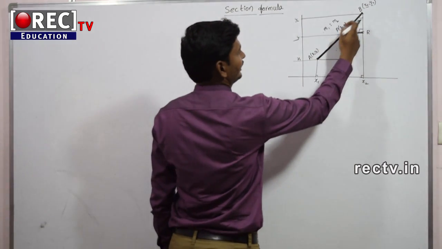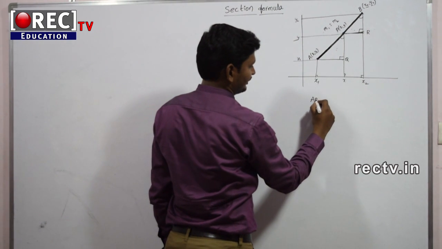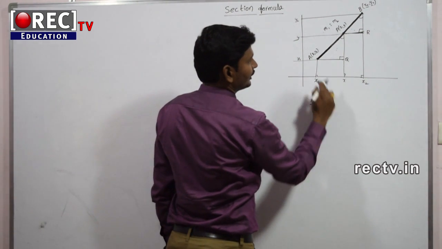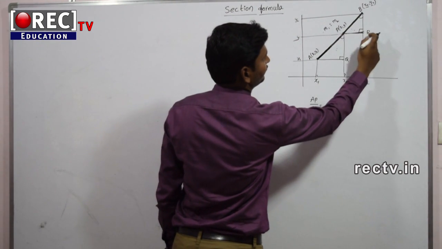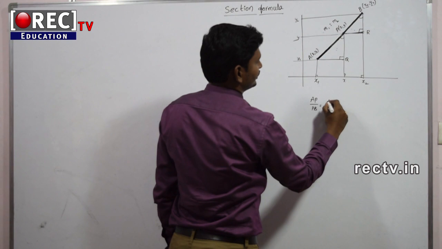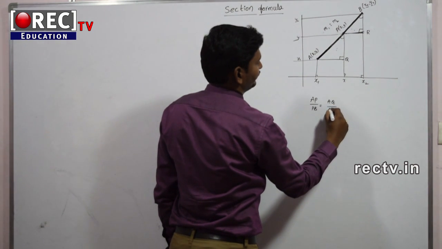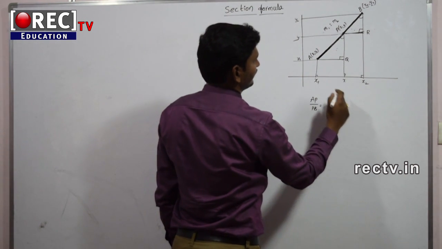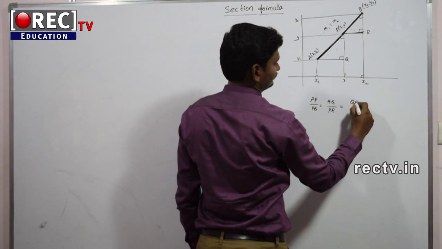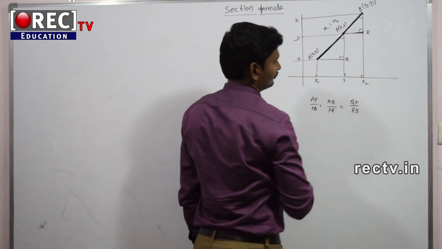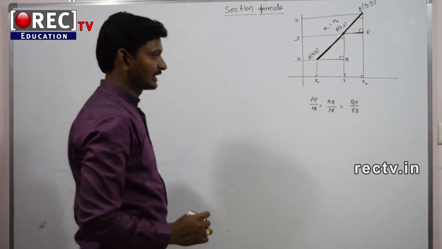So AP divided by PB is equal to AQ divided by PR is equal to QP divided by RB. This is from similarity of triangles.